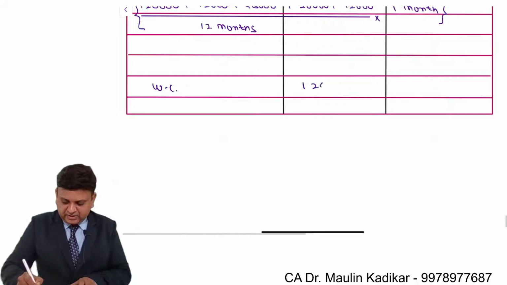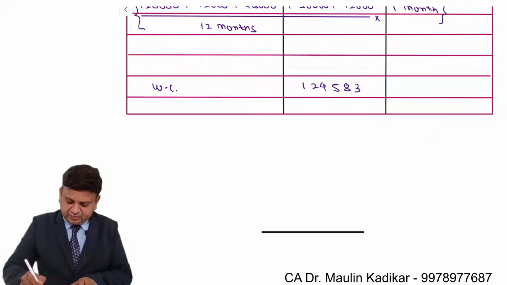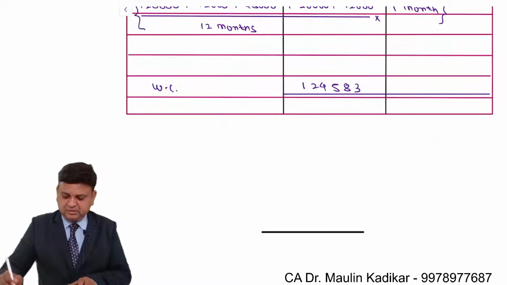It is 1,24,583. This is the way we compute the working capital for year 1.